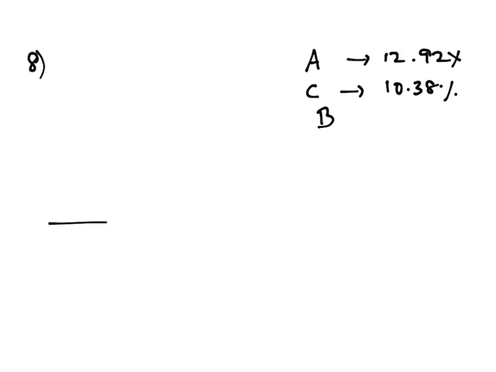Let us look at the eighth problem, students. The heights of certain plants are normally distributed. The plants are classified into three categories. Category A, the shortest, 12.92%. Category C, the tallest, 10.38%. And category B is between. So if I have to represent this, I'll draw like this.